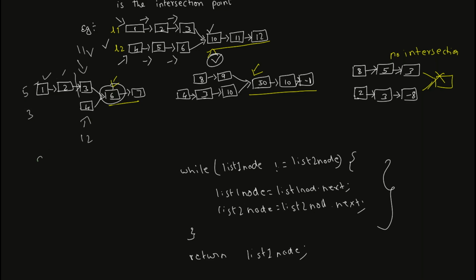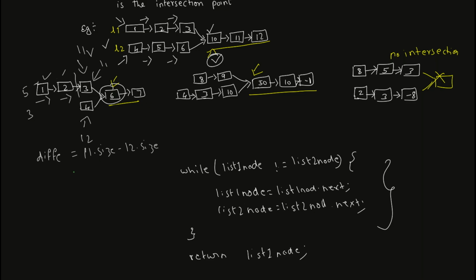So the difference between these two lists is L1.size minus L2.size. After finding the difference, we need to iterate list1 that many times and get our L1 pointer to the 3.